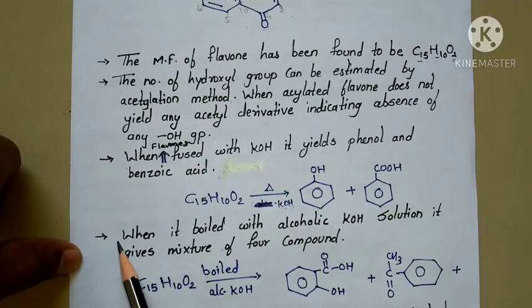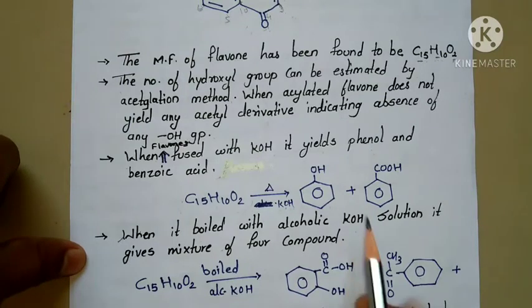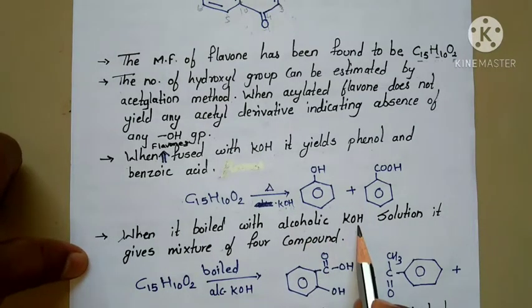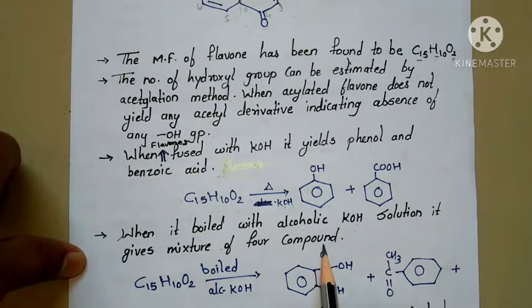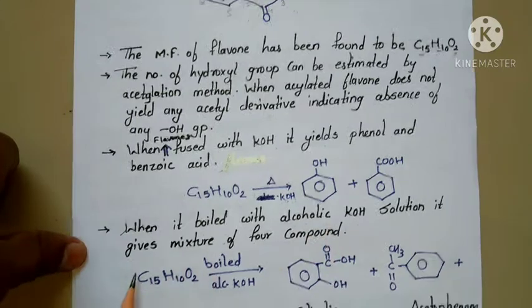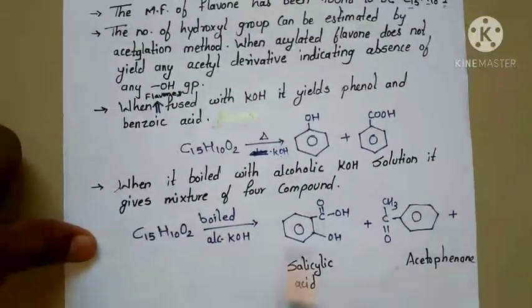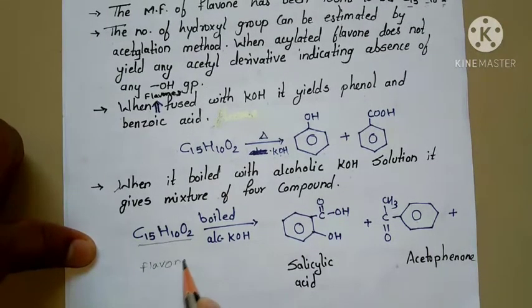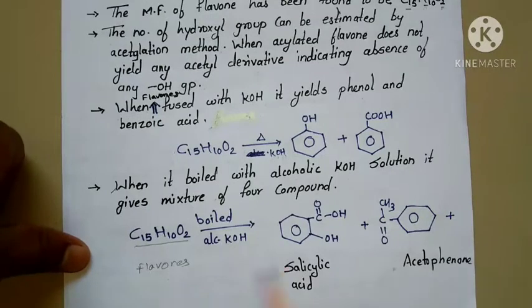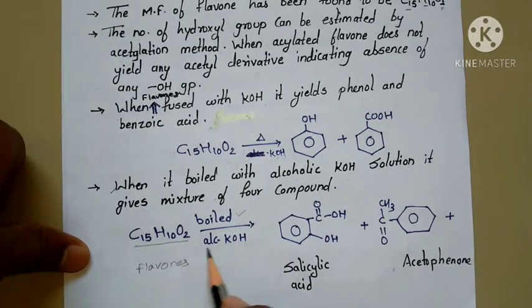Next point is when it is boiled with alcoholic KOH solution. It gives a mixture of 4 compounds. Let us see it in reaction form. C15H10O2, this formula indicates flavones. These flavones are boiled with alcoholic KOH.